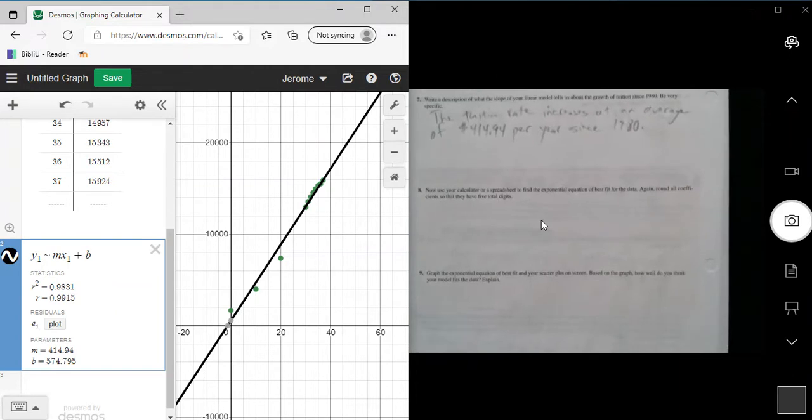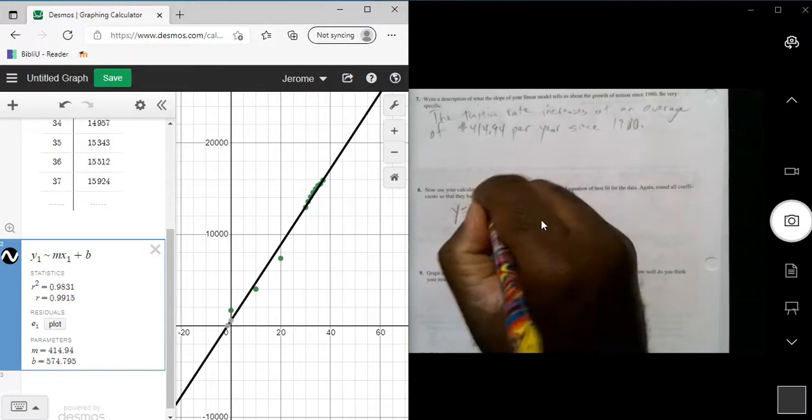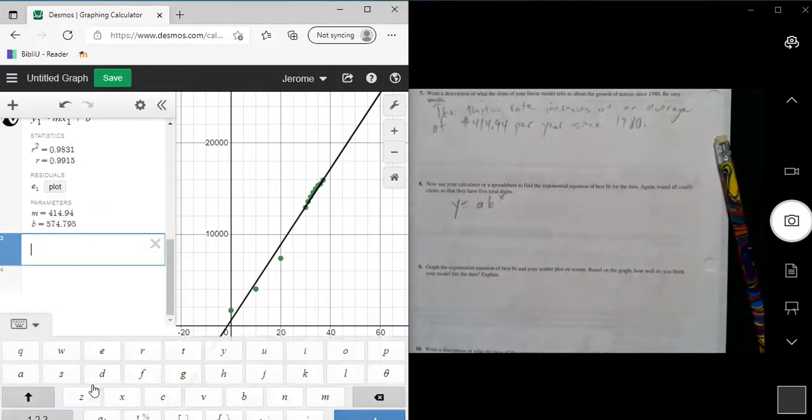Now it says, now use your calculator or spreadsheet to find the exponential equation of best fit for the data. Now remember, we went over the exponential equation is y equals a b to the x. So we will put that in here.